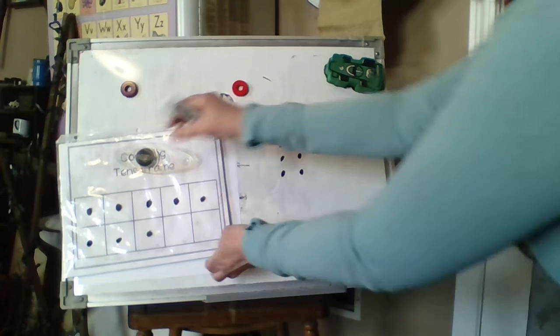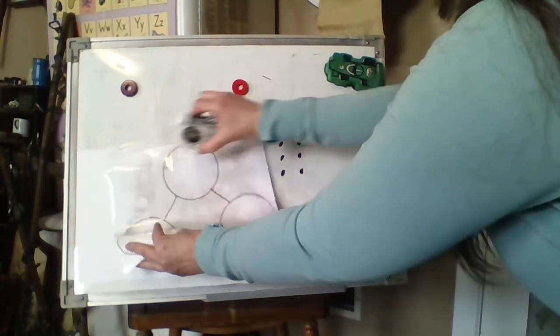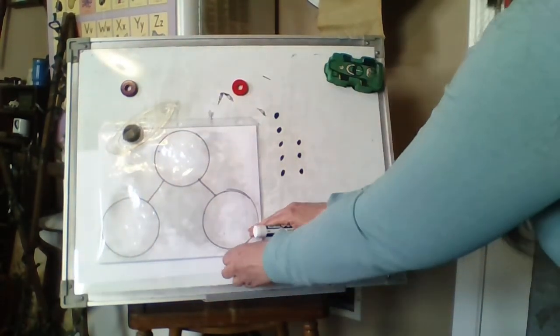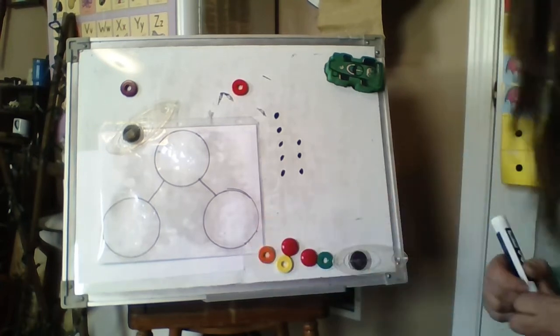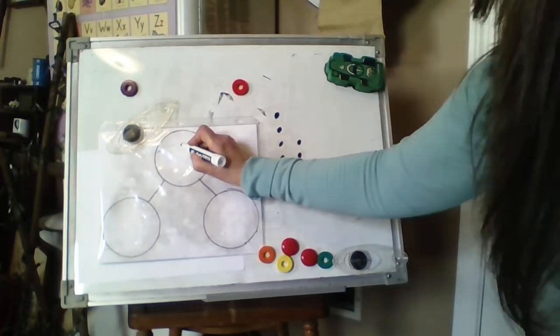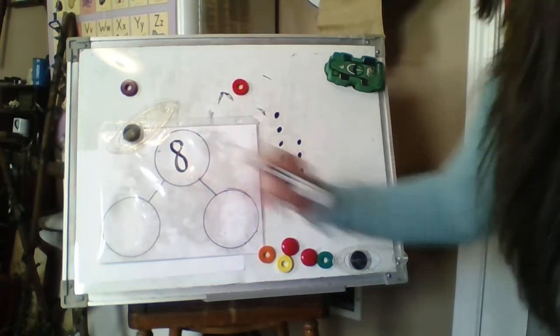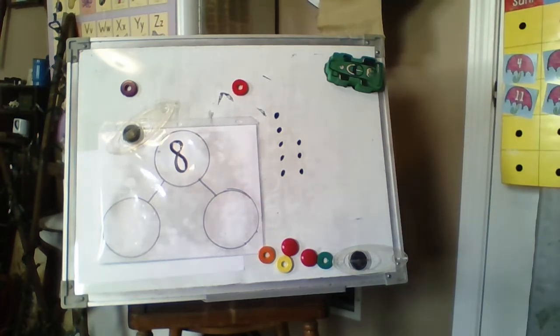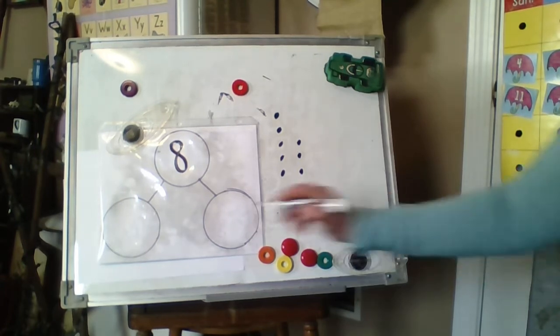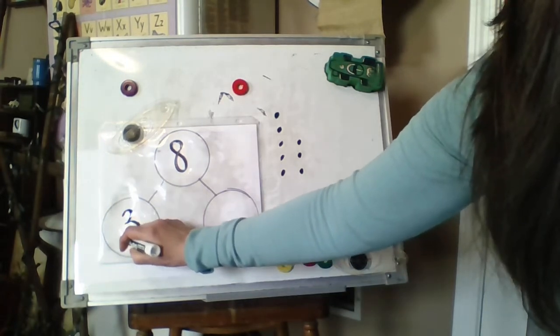So let's say we're going to do some subtraction, and we're going to talk about 8. Well, you know where the 8 would go, right? Because the 8 is the whole number. And what if I said that I wanted you to take away some dots? Let's say I tell you to take away 3 dots. 3 would go here.